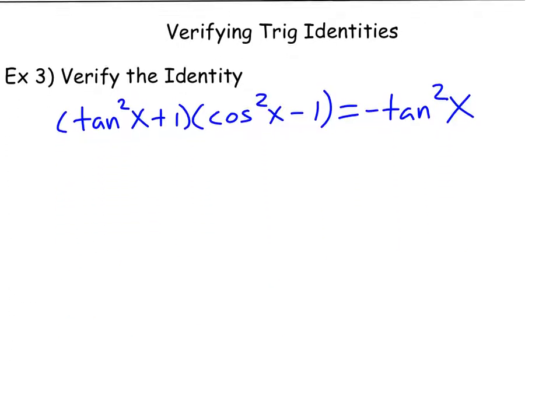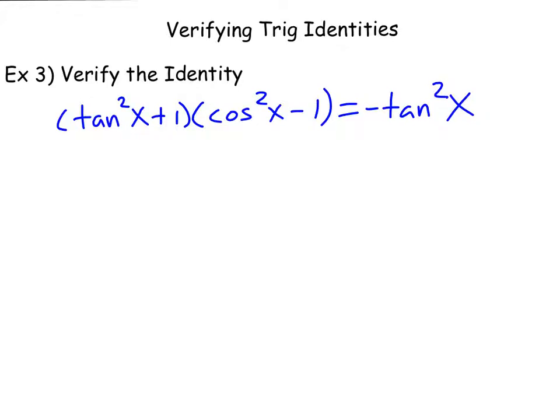We head down here. Okay. I'm going to start on the left side, except I can't factor. Kind of looks like it already has been. I don't have any fractions to add.